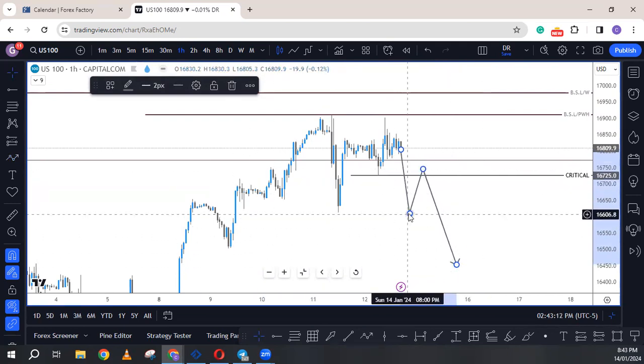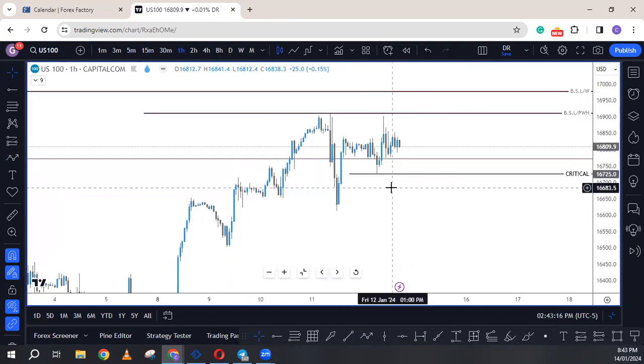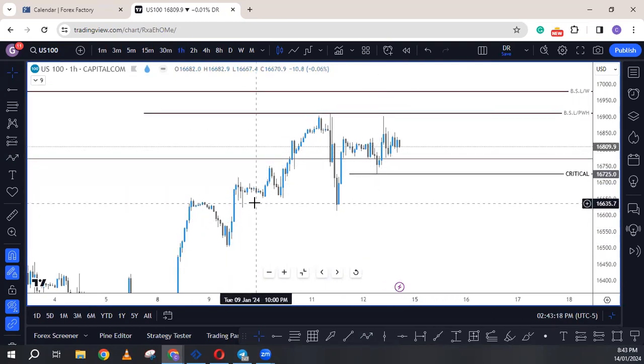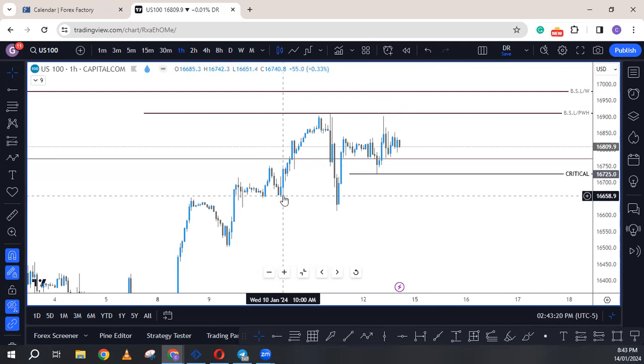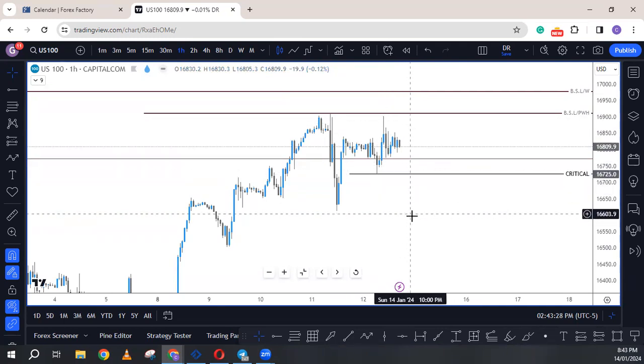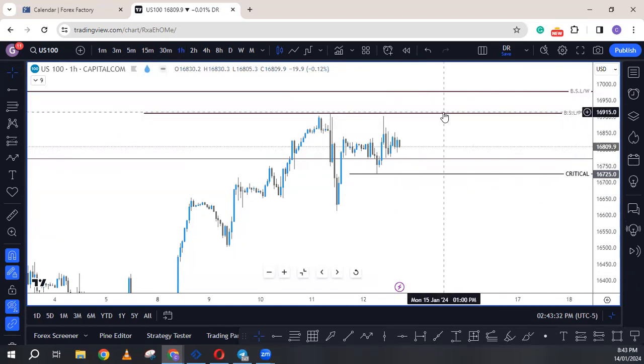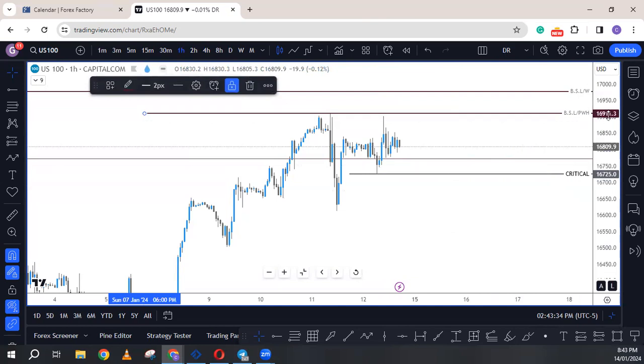For US 100, I'm slightly tilting to the downside depending on what they do, because of this break below 16,658. This might be a retracement. This didn't make a new high, so we'll wait to see if this low breaks. If they break this low, any retracement that does not close above 16,911 will be an opportunity for lower prices.